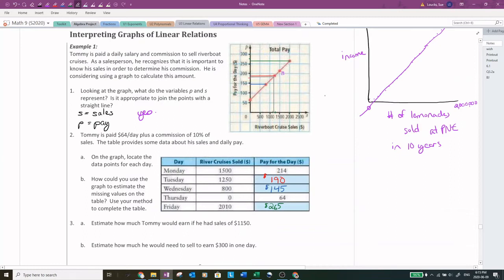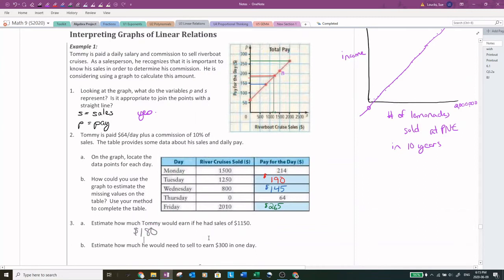Okay, so I would call that halfway between the 150 and 200 is 175. I'm going to call that $180. So that would be $180.